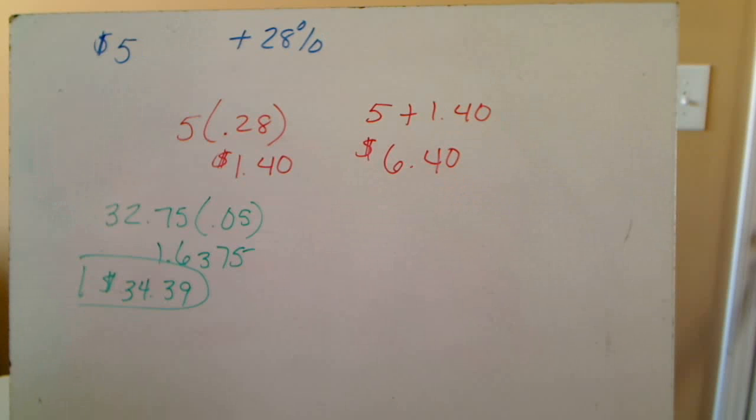A little trick whenever you're doing taxes, because you do know that you have to add it back. I'm going to show you a shortcut for finding the total cost for an amount that's taxed.